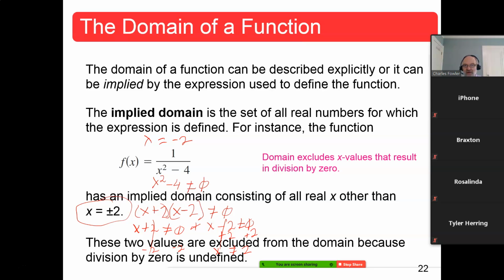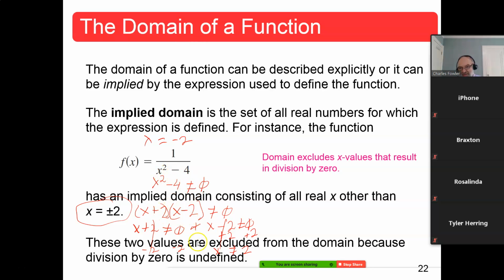So what we're doing is talking about the domain of a function, and anytime we have a function expressed in algebraic form like this one, and you see the variable in the denominator, you need to make sure that denominator can never be 0.